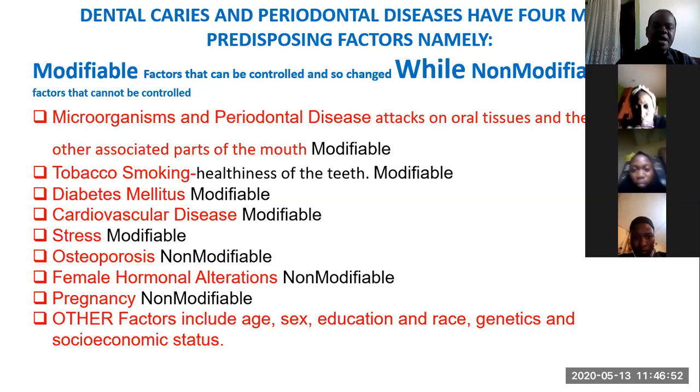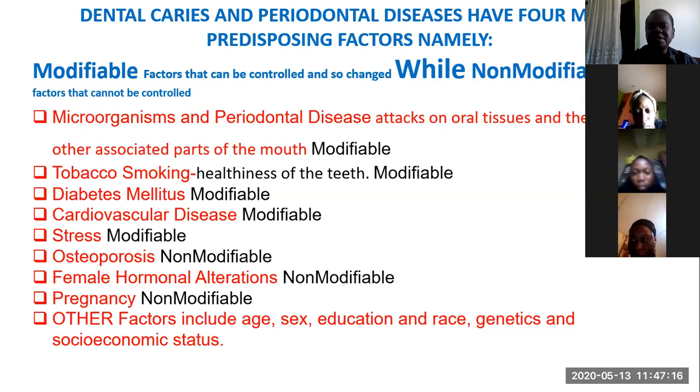Now, you will see there, I have listed some of them, and I place in front of them modifiable or non-modifiable. Now, the modifiable problems are the ones I listed first. Like I told you, bacterial infections, attack on the gum, attack on the teeth, causing dental caries and plaque and so on.